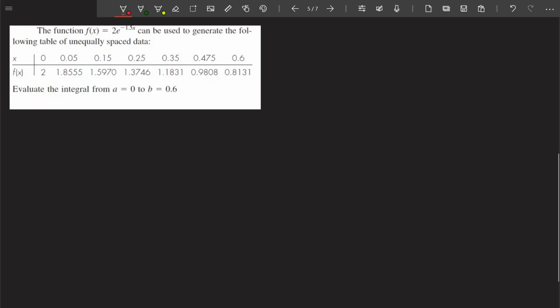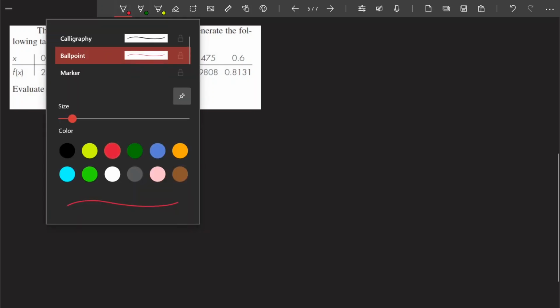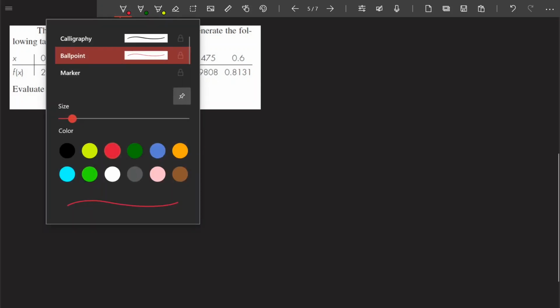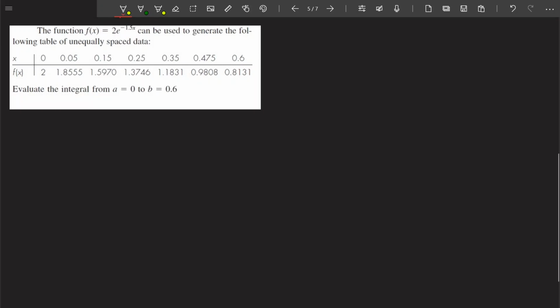If you notice, you'll realize that the difference between these two points, this point and this point, is 0.05.